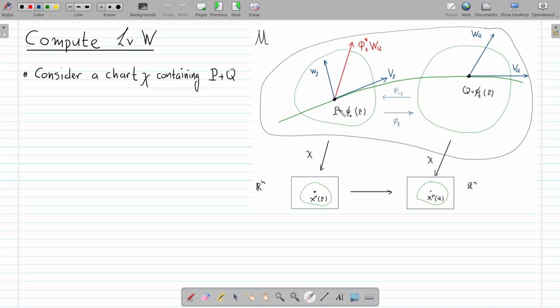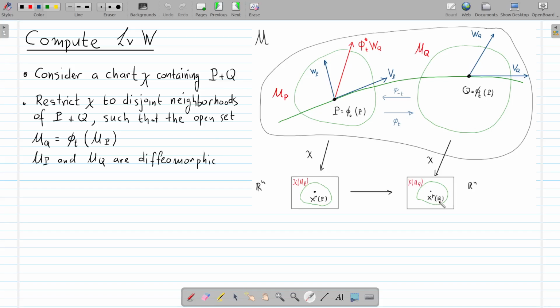Then the point P under this chart has coordinates x mu of P, and the point Q has coordinates x mu of Q. Then consider a small enough neighborhood of P that does not contain Q anymore, such that when this small neighborhood is mapped with phi t to a neighborhood of Q, these two neighborhoods are disjoint and have no common points.